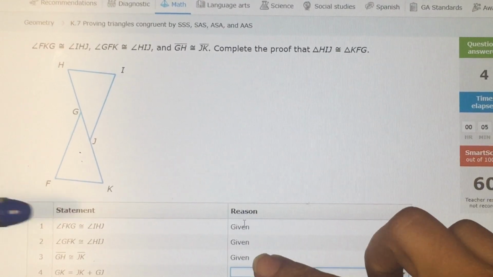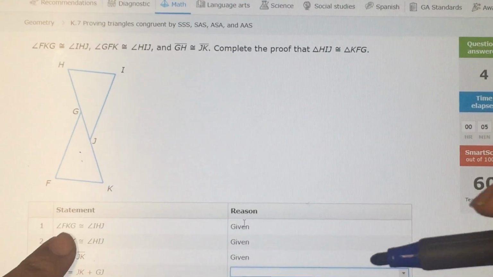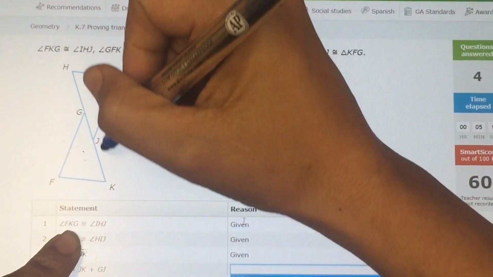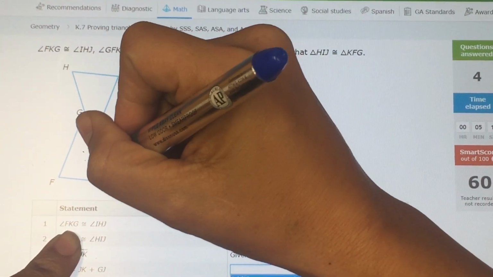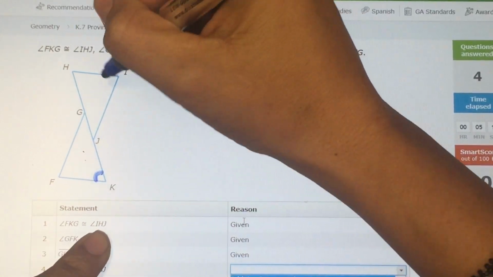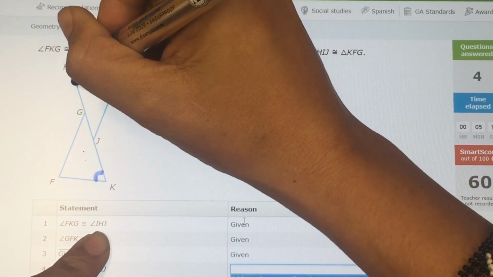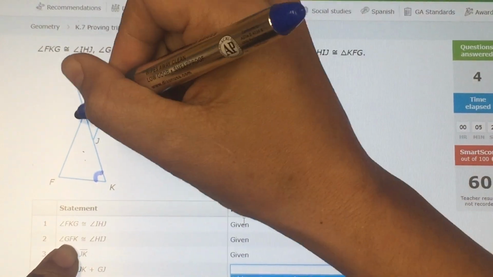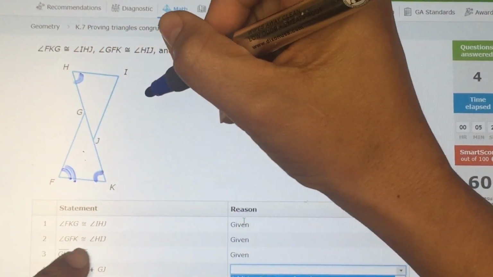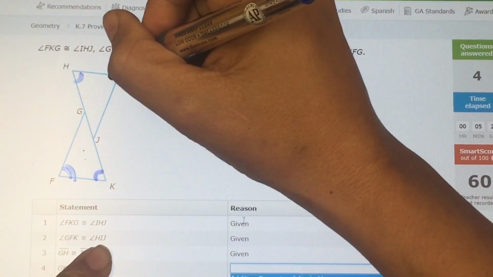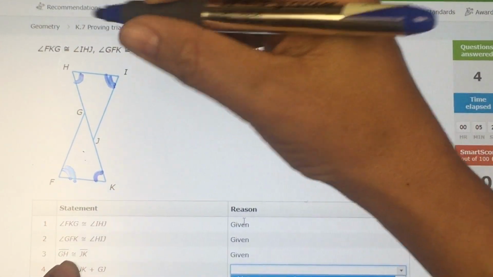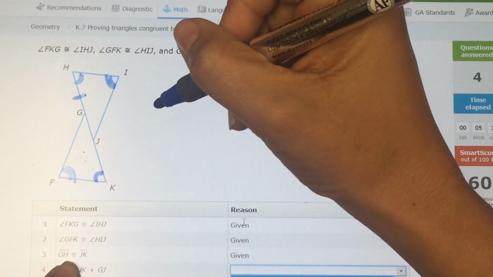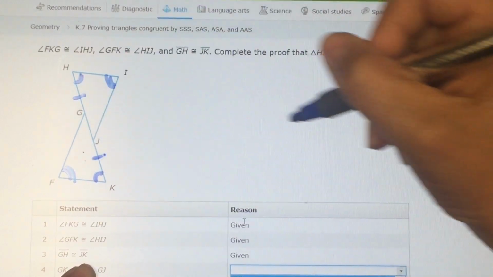All right, so there are three given things. They're not labeled, so now I have to label them. Angle FKG, so that's this angle, is congruent to IHJ. Bam. GFK is congruent to HIJ. Bam. Given GH, tick, is congruent to JK. Bam.